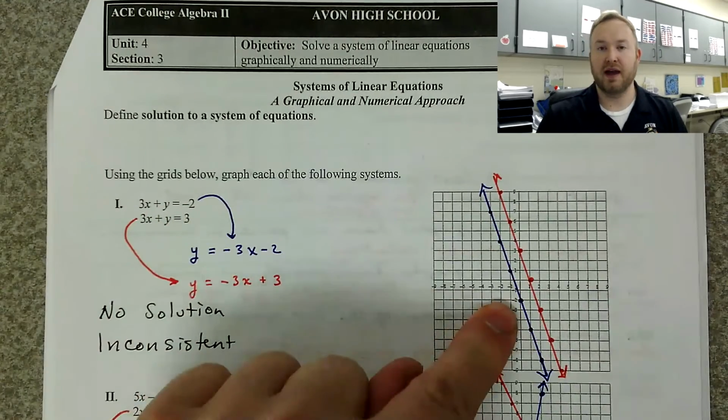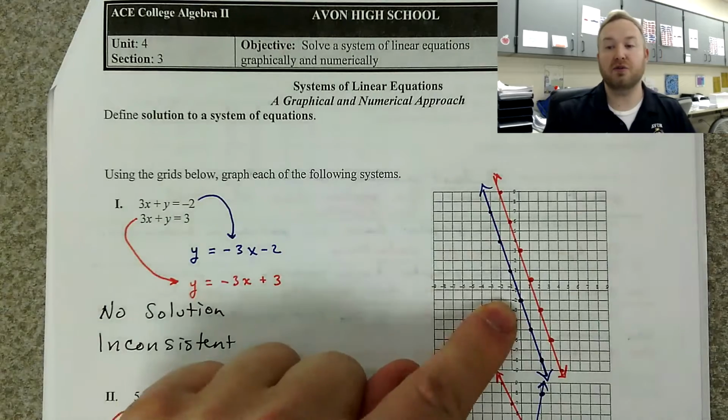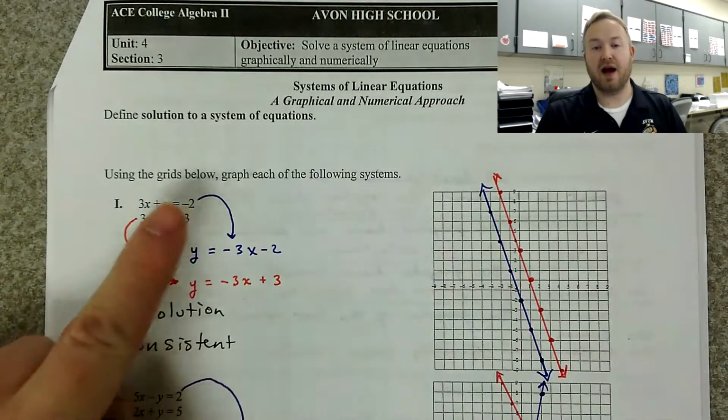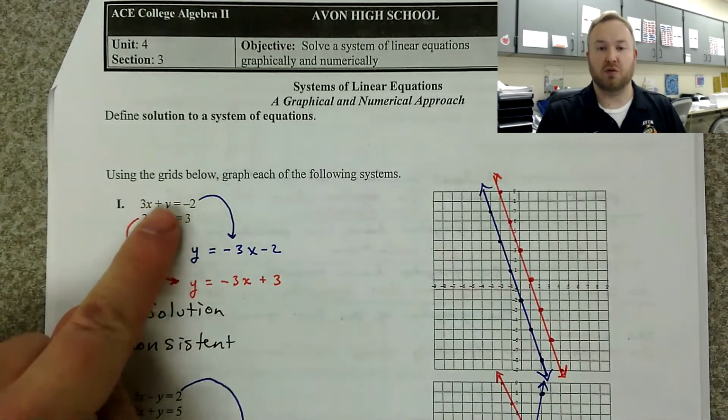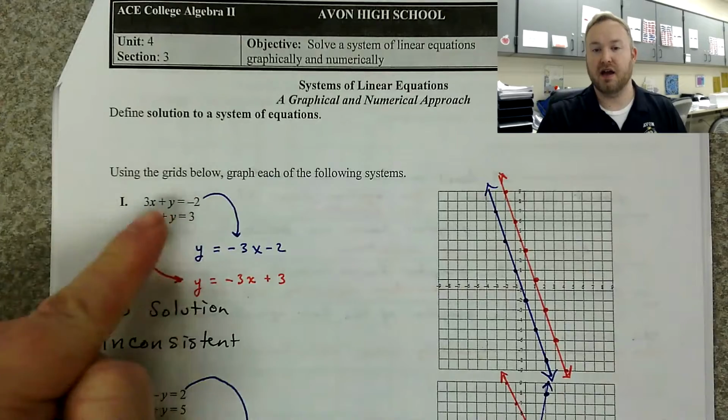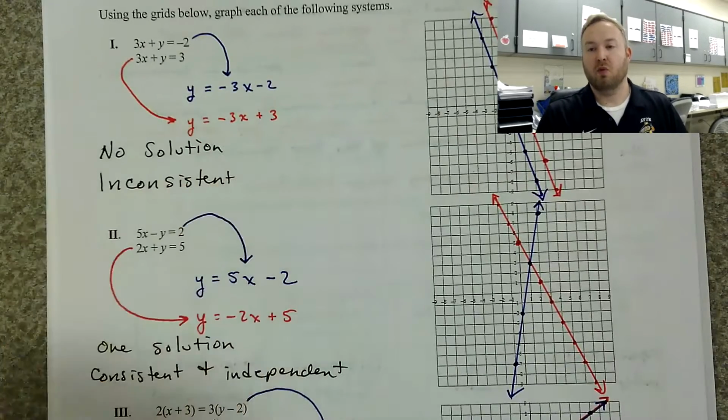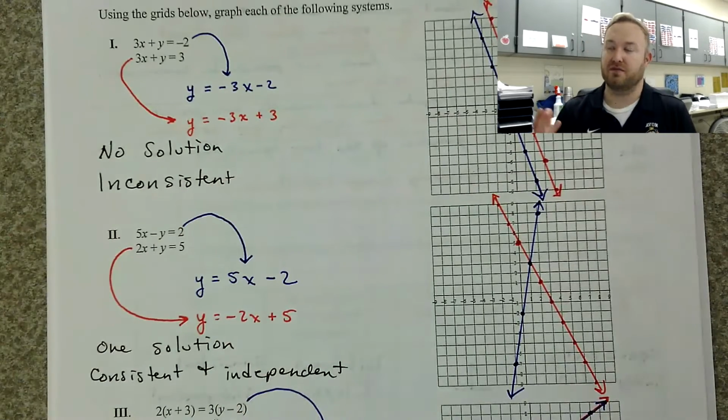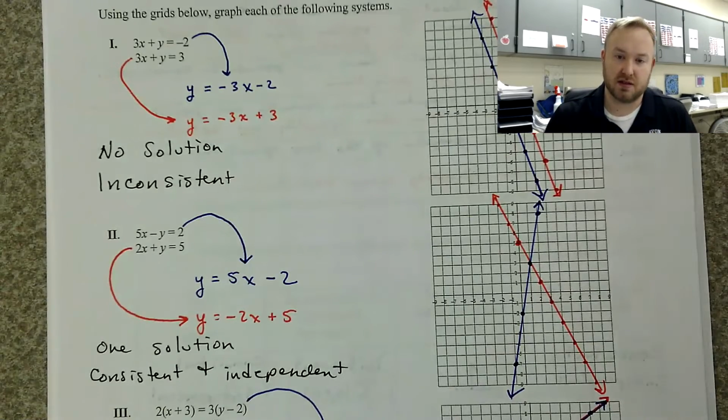Every point has an x value and a y value. If you plug them into the equation, they will make the left side equal to the right side. So when we solve a system, we are looking for the xy pair that is a solution to both equations.